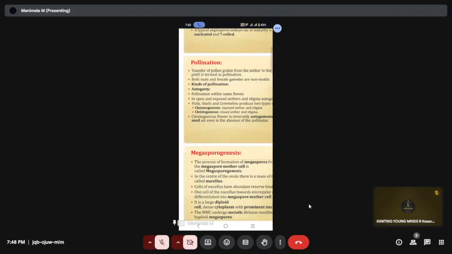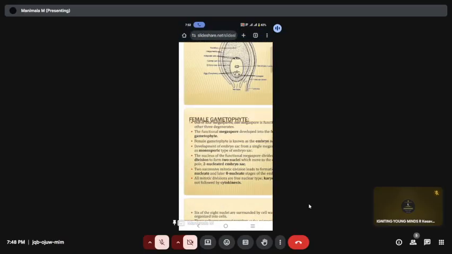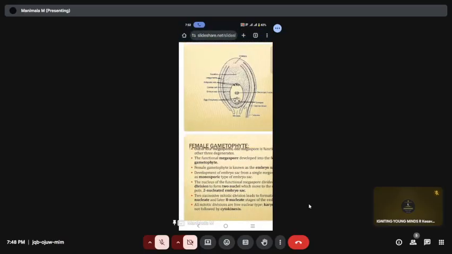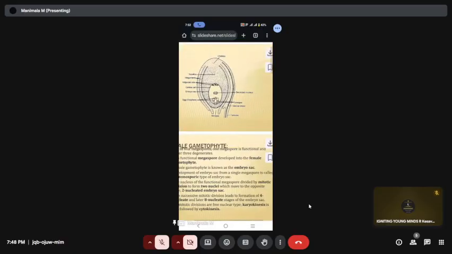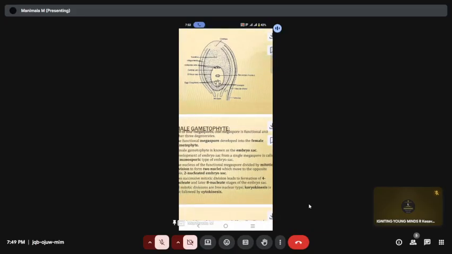Okay. The next one is the embryo sac. We discussed the embryo sac: in the center we have the nucellus, and the funicle attaches the ovary to the nucellus. The part where the funicle is attached is called the hilum. All this we completed last class.